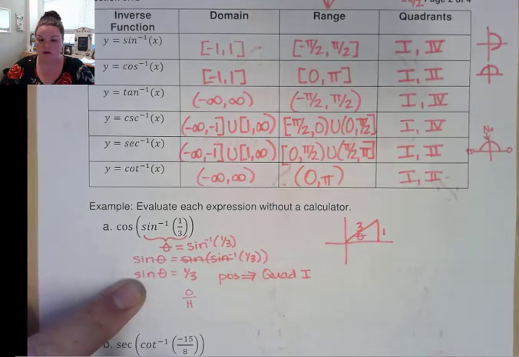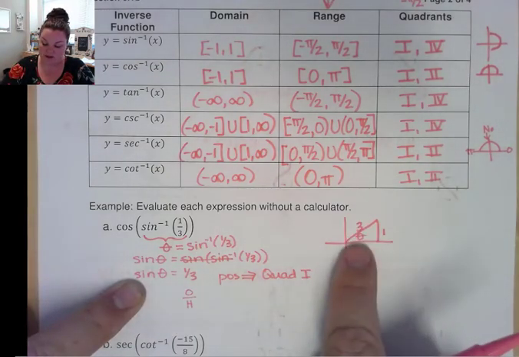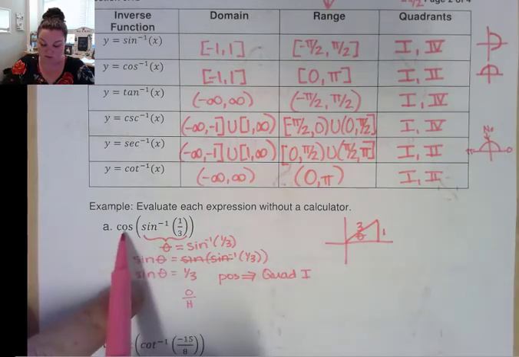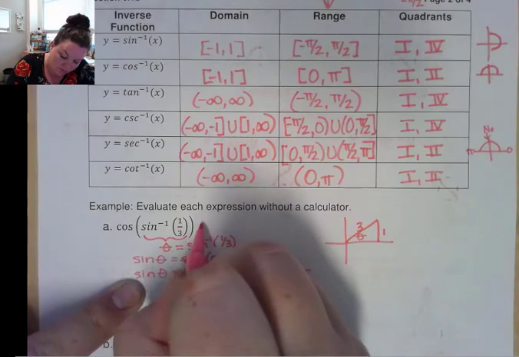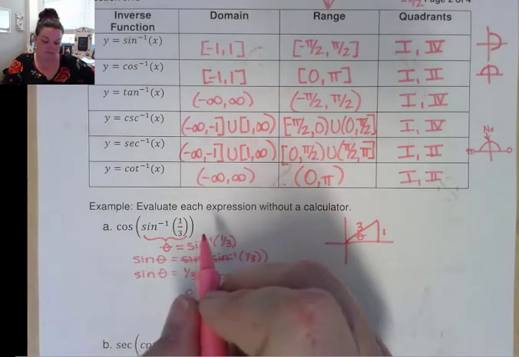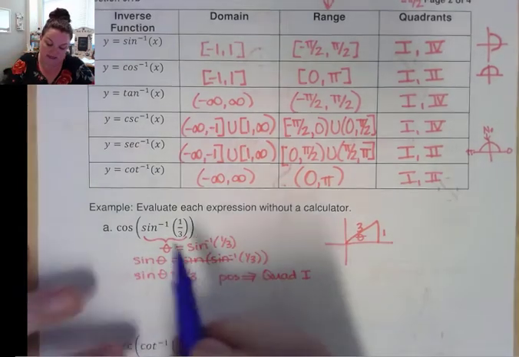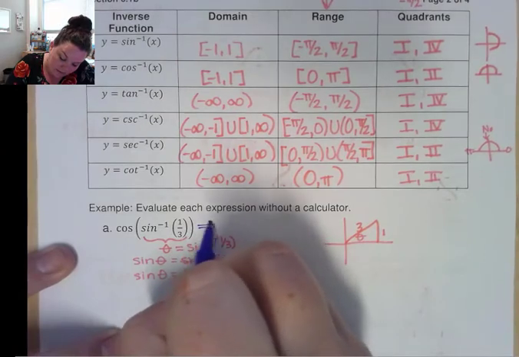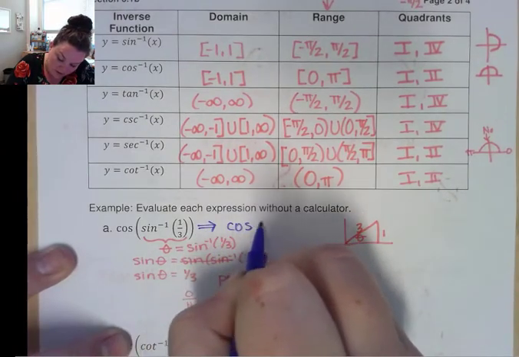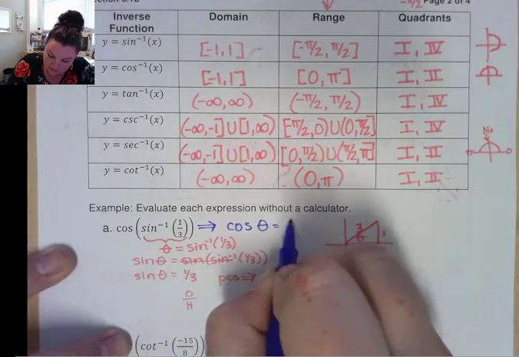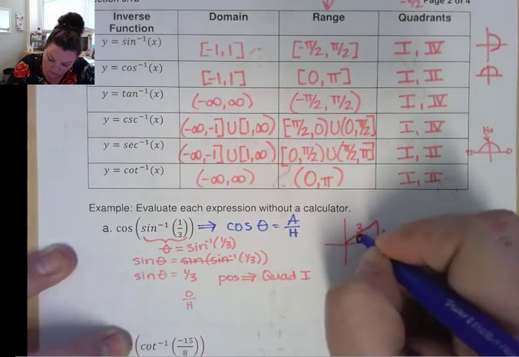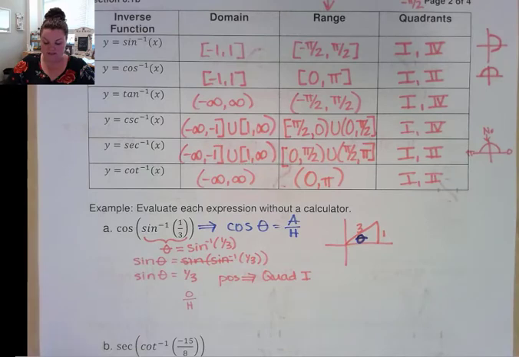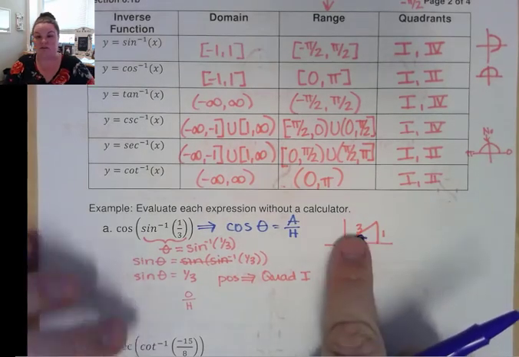So I know that much about theta, but I really want to figure out what cosine theta is. Now that I'm calling whatever's inside here theta, I'm really just trying to figure out cosine theta, which is adjacent over hypotenuse. Here's what we know about theta: its opposite value is 1, and its hypotenuse is 3.